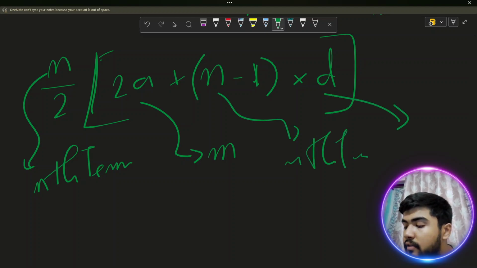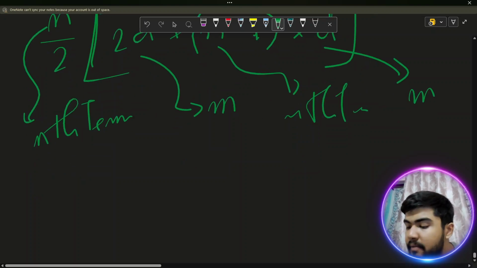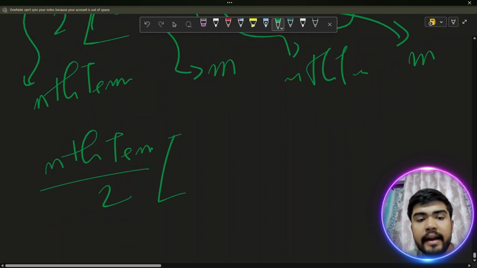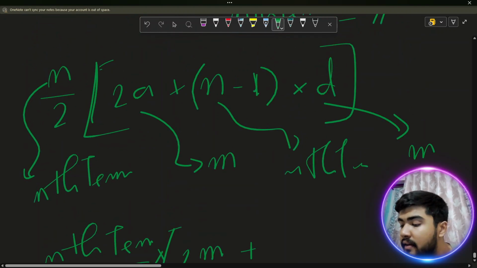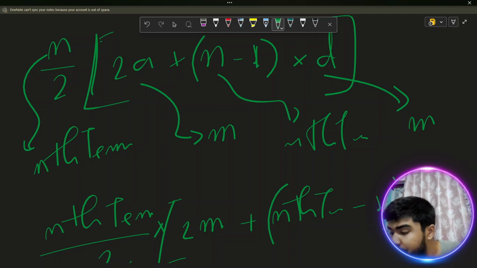And d is also m, the difference between them. So now if I redesign my formula, it becomes nth term by 2 into 2 into m plus nth term minus 1 into m.